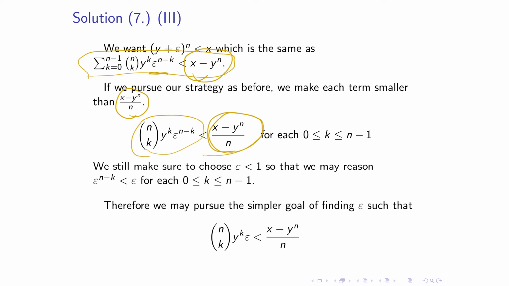We will, as usual, choose epsilon smaller than 1 so that no matter what positive exponent of epsilon we take, we always get a smaller quantity. And as long as we ensure that, then what we want is just to satisfy this inequality. For this, we can merely take everything other than epsilon and divide it to the other side.